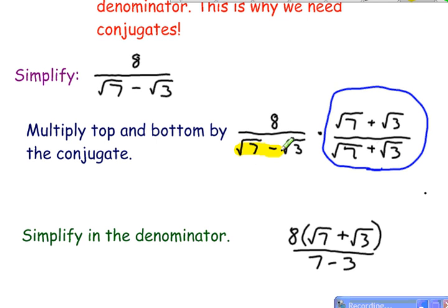Radical 7 minus radical 3 times radical 7 plus radical 3 gives us 7 minus 3. And then at the top, I'm just going to multiply our 8 times radical 7 plus radical 3 gives me 8 times radical 7 plus radical 3.